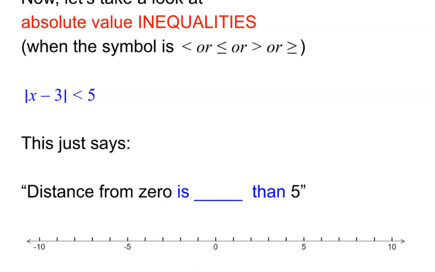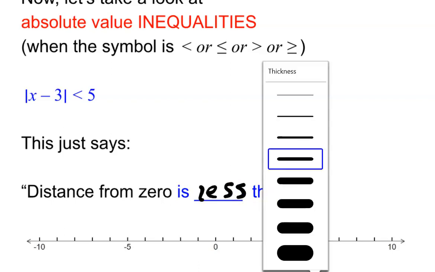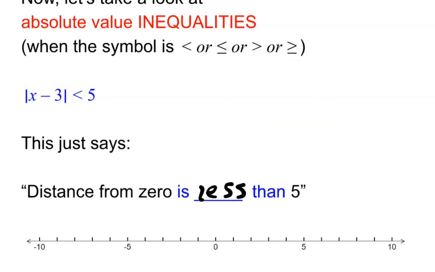So in this inequality, the absolute value of x minus 3 is less than 5. This just says distance from 0 is less than 5. So if we look at our line, we're at 0.